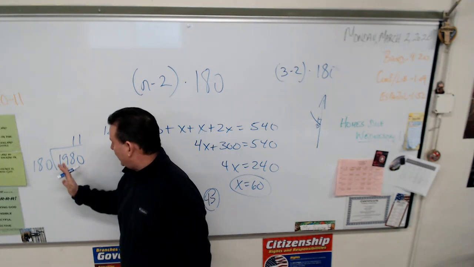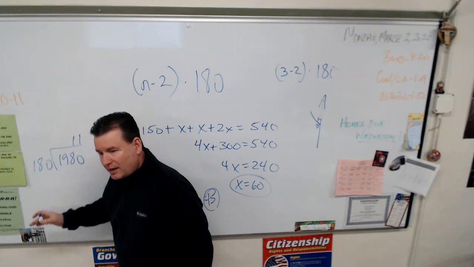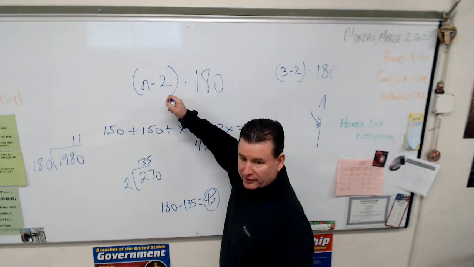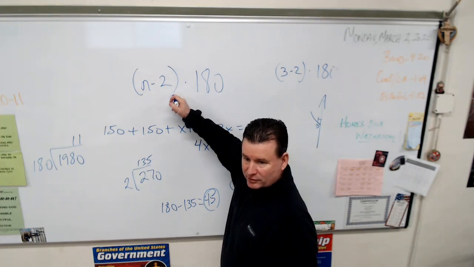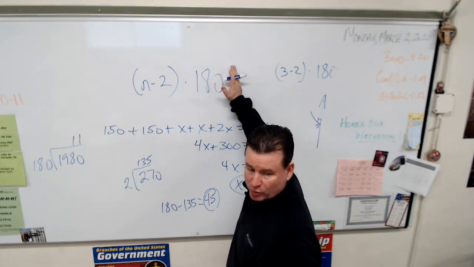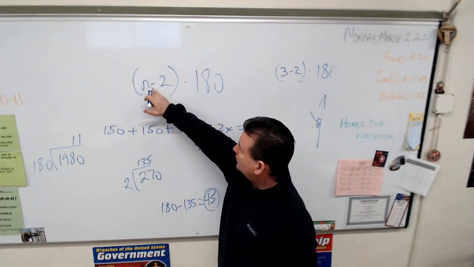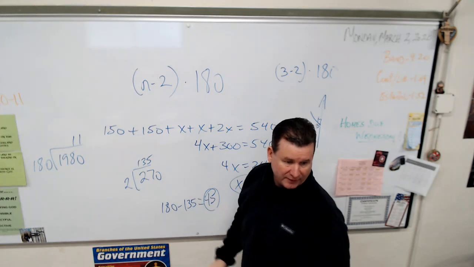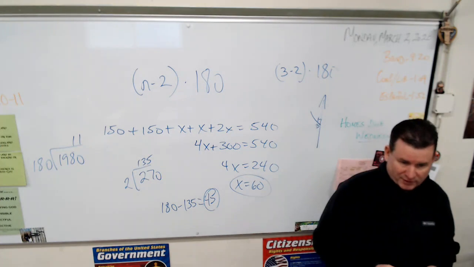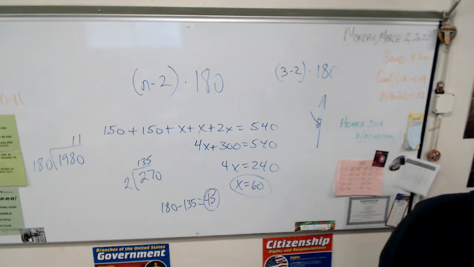So if 1980 divided by 180 is 11, how many sides must the polygon have? It's basically working backwards. It's got to be a 13-sided polygon, because 13 minus 2 is 11 times 180. What's that called? A 13-agon? I don't know if it has a name. Probably does. I know up to 12.